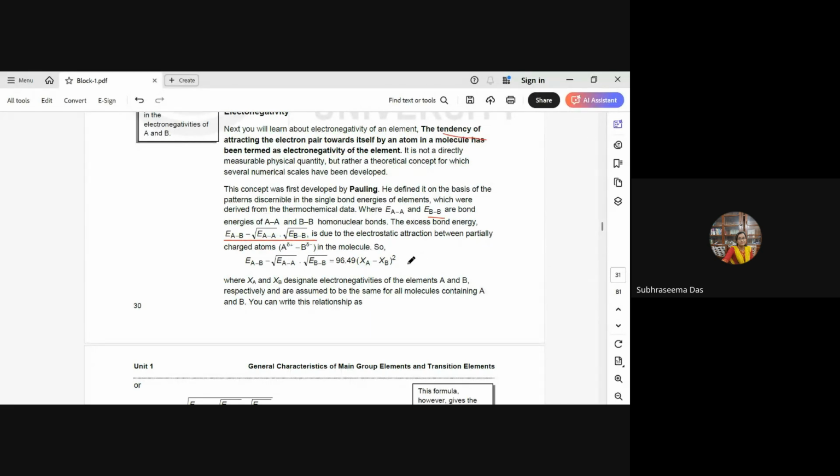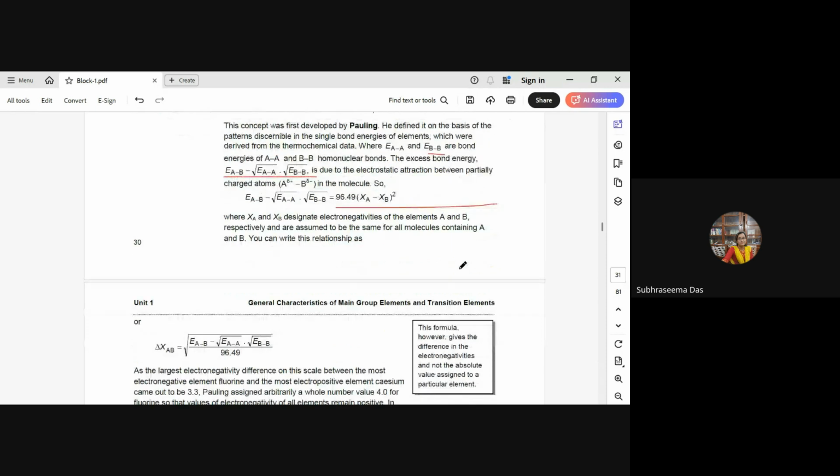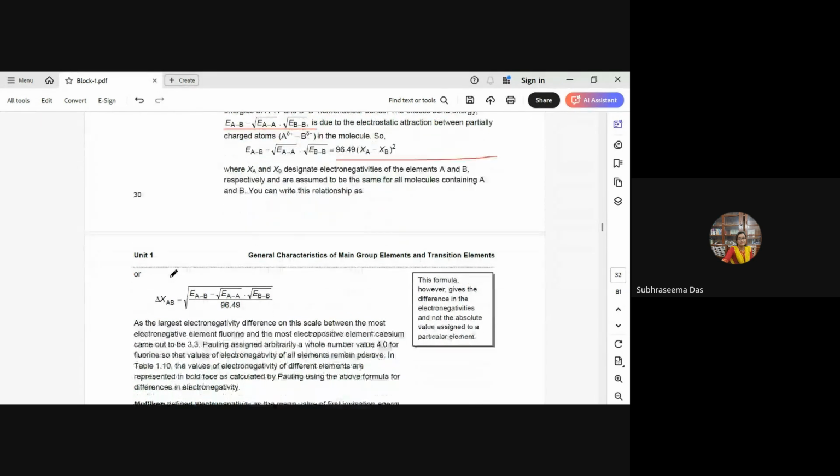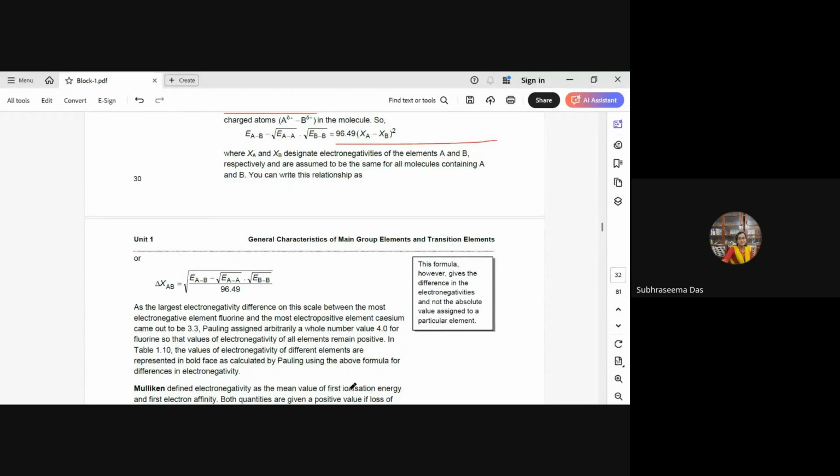Then the excess energy is given as 96.49 times (chi A minus chi B) whole squared, where chi A and chi B are the electronegativities of the elements A and B. In general, delta chi of the AB molecule is given as the bond energy of AB minus the square root of the bond energy of A2 times the square root of the bond energy of B2, divided by 96.49. This is how we calculate the electronegativity difference on the Pauling scale.